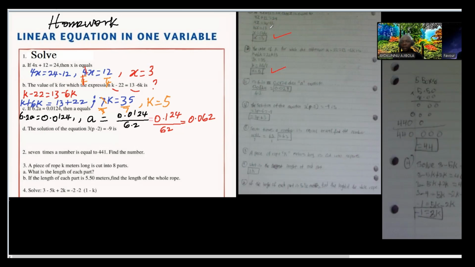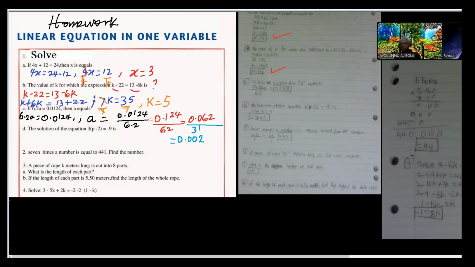Then we have 31 in 0.062. 31 in 0 cannot go, 31 in 0 again cannot go, 31 in 6 cannot go, but 31 in 62 will give me 2. Okay?